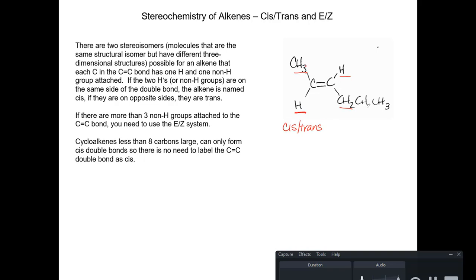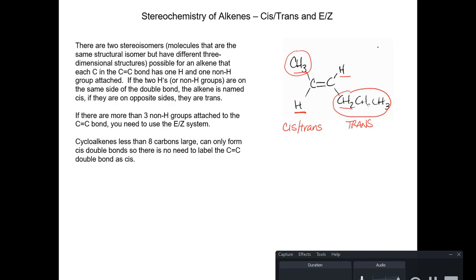It doesn't matter whether we choose the non-hydrogen group on each side or the hydrogen on each side, we're going to end up with the same answer. In this case, this is the trans isomer.